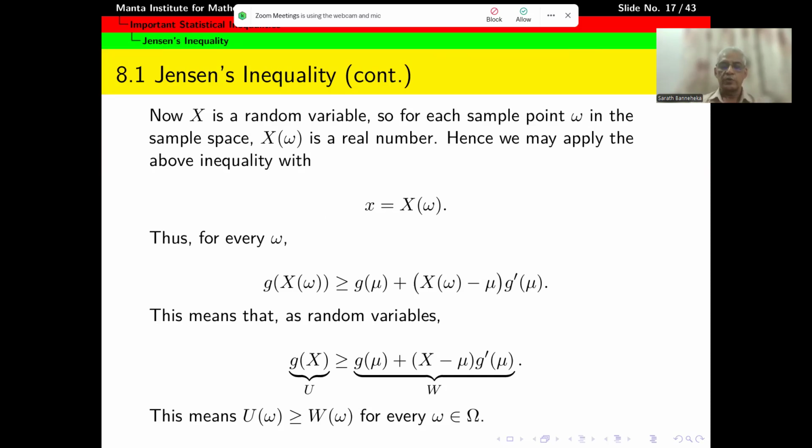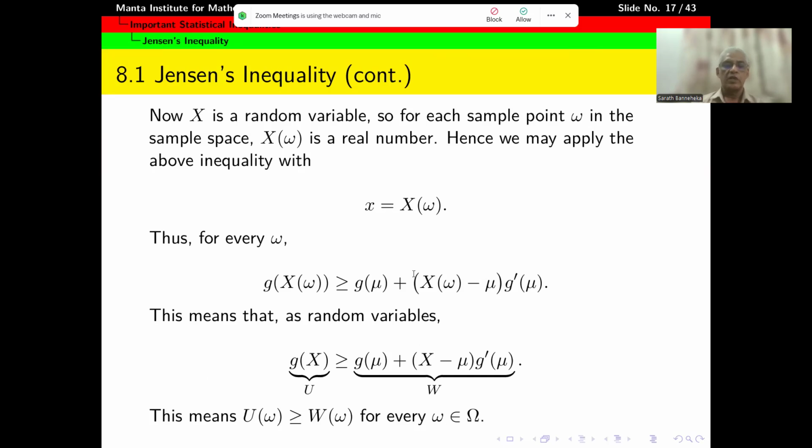Otherwise, this is not going to be meaningful, right? So we say U greater than or equal to W if U(omega) is greater than or equal to W(omega) for every omega in the sample space. That is what we mean by saying that one random variable is greater than the other.